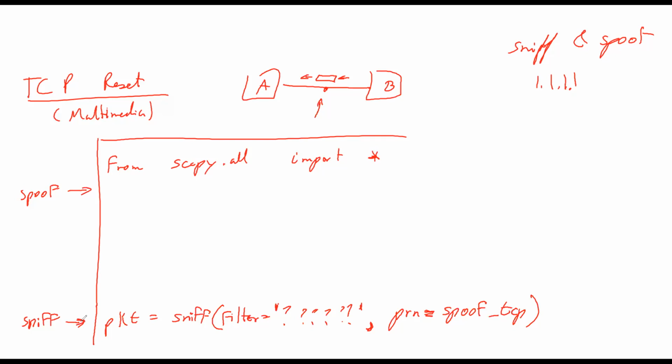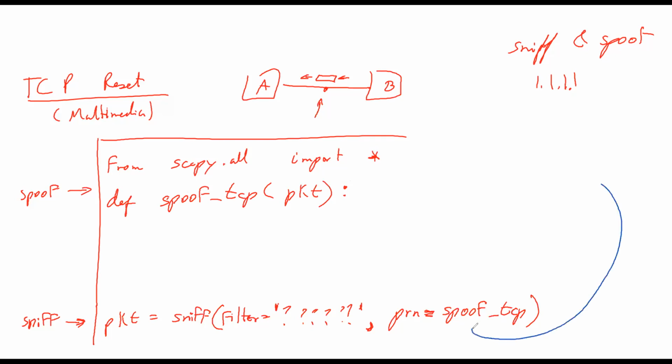The spoofing part is then here, in that you define what spoof TCP is. So spoof underscore TCP, you're going to send it a packet, PKT. Every packet that you get from here gets sent there.